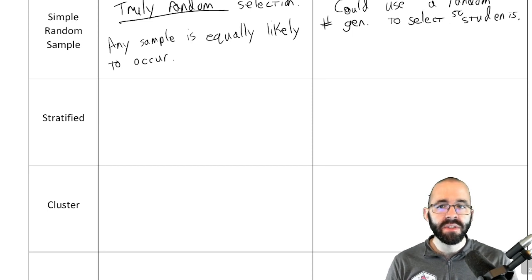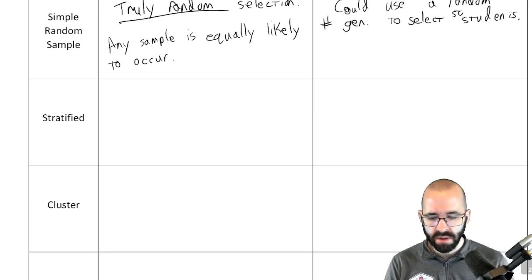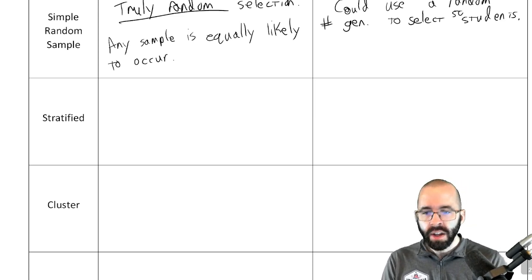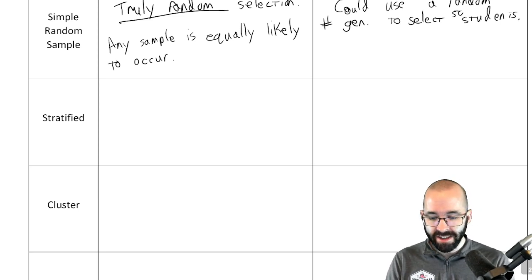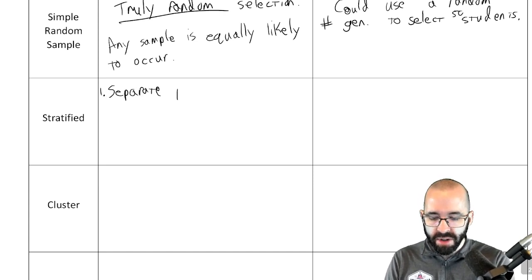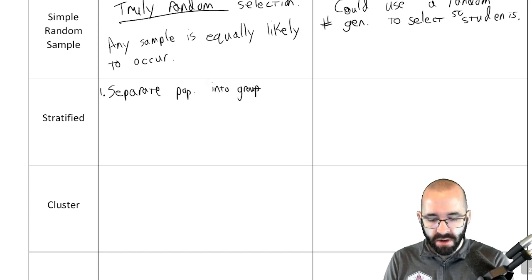Stratified and cluster are both similar because they both involve us putting things into groups. Okay, so we're going to start these definitions with the same phrasing. So first we're going to, step one, separate the population into groups.